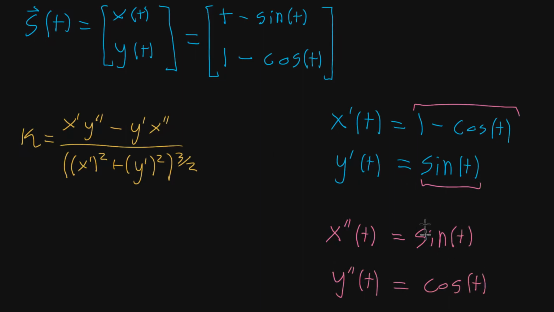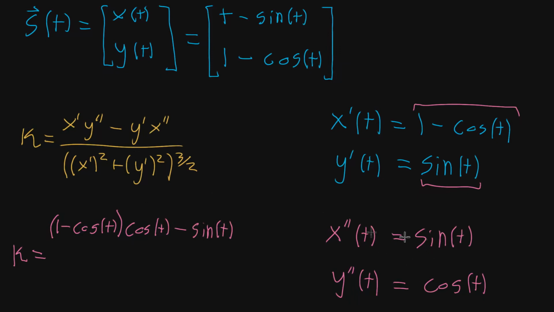So now, when we plug those four values in for kappa, for our curvature, what we get is x prime, which was 1 minus cosine of t, multiplied by y double prime, which is cosine of t. We subtract off from that y prime, which is sine of t, multiplied by x double prime.